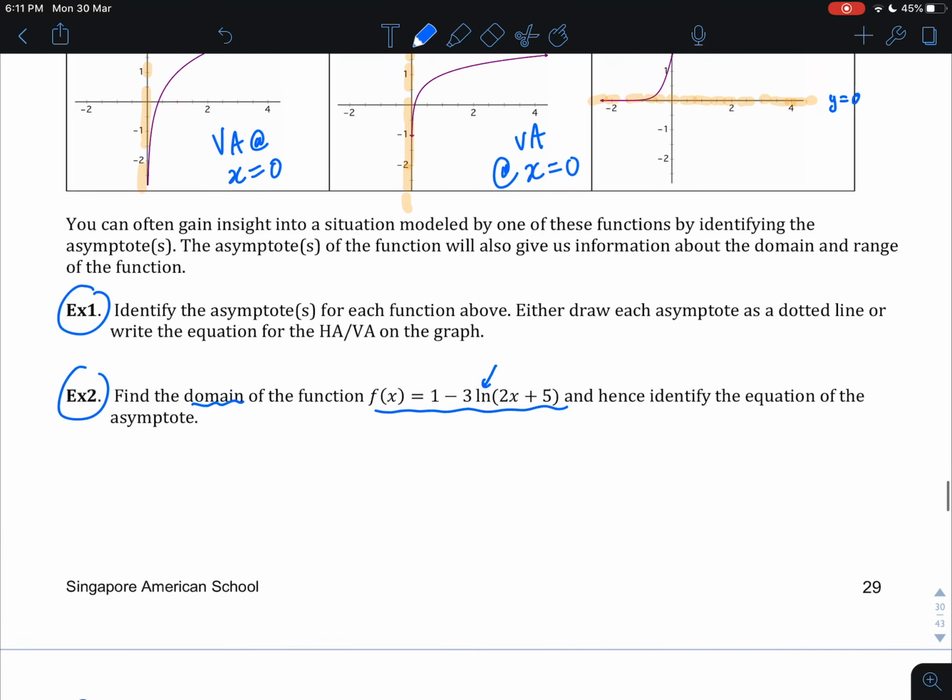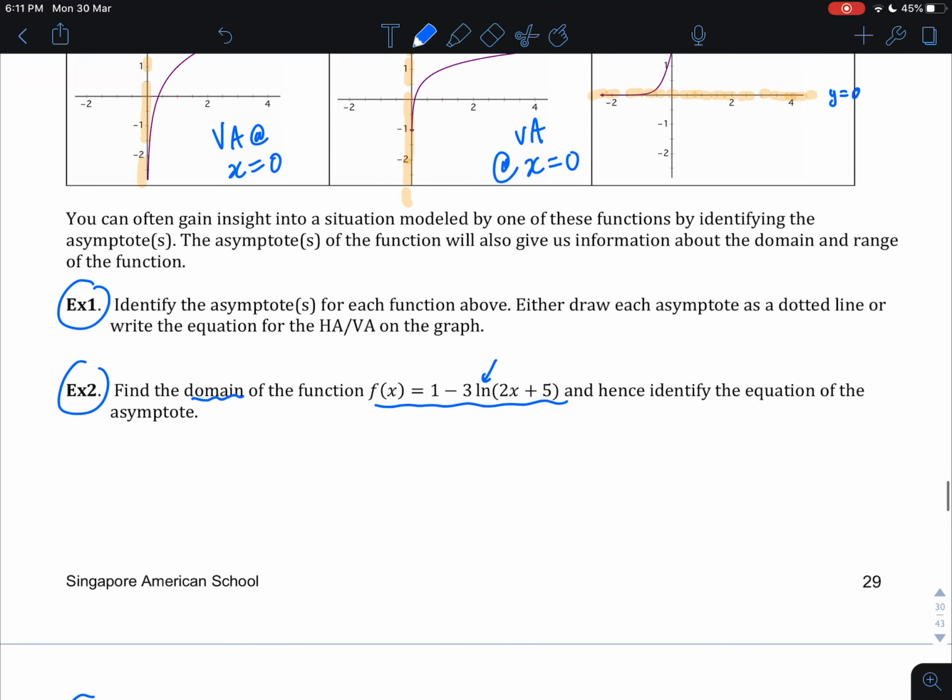What we need to do is ascertain, first of all, where our vertical asymptote is, and then figure out whether we are moving to the right or to the left of it, because we must consider whether or not there's been a reflection over the y-axis.